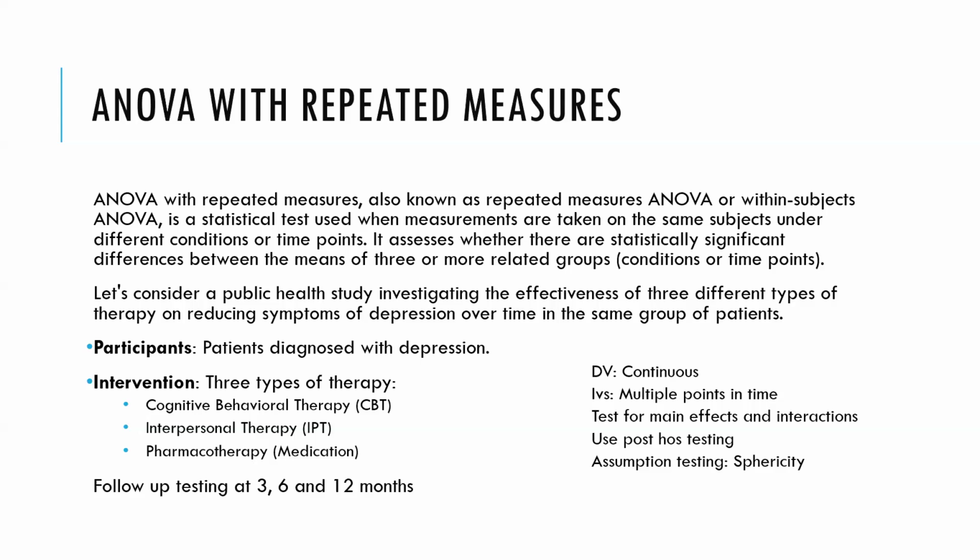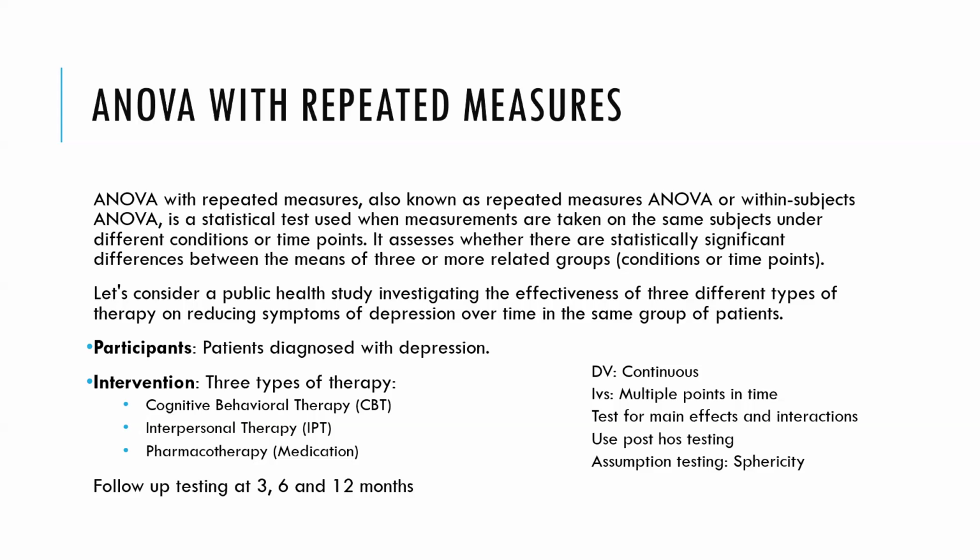Like I mentioned earlier, you can also do an ANOVA with repeated measures. Again, the difference here is if you're looking at more than 2 points in time. So in our example here, we're looking at diagnosis of depression, we're looking at cognitive behavioral therapy, interpersonal therapy, and pharmacological therapy. And we're looking at baseline, 3 months, 6 months, and 12 months.